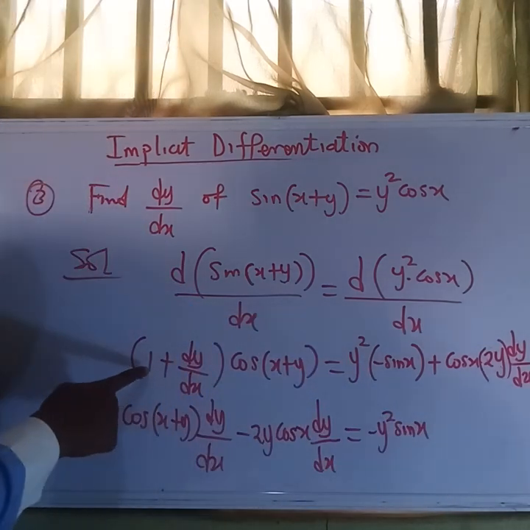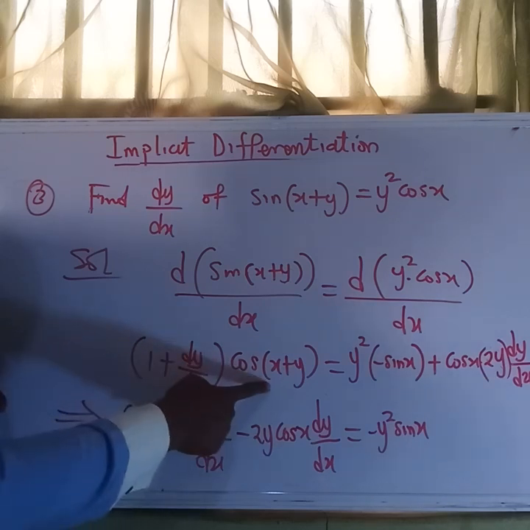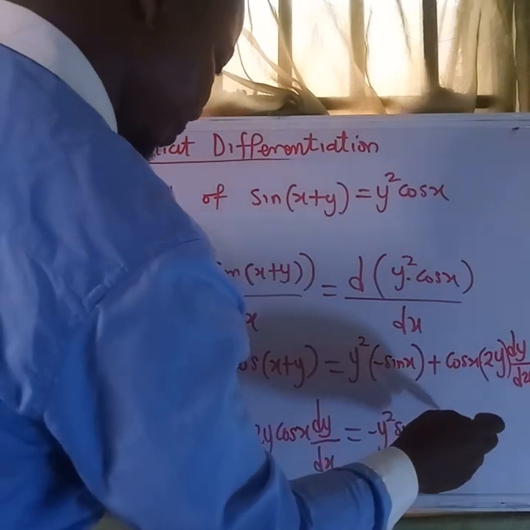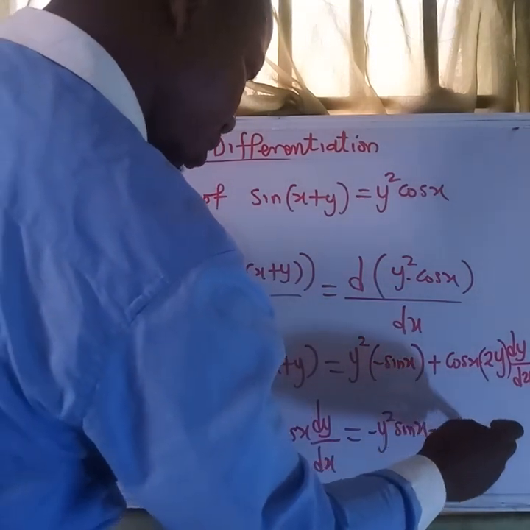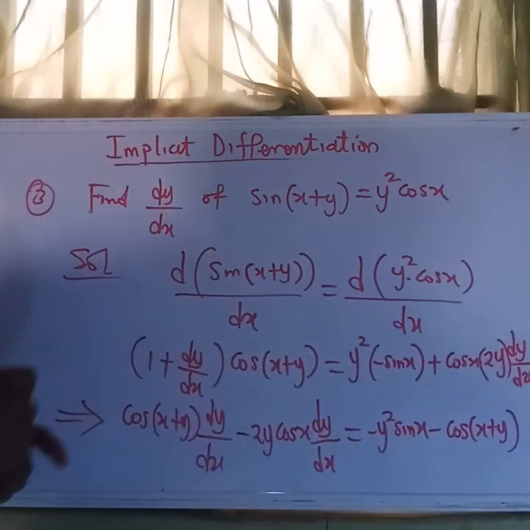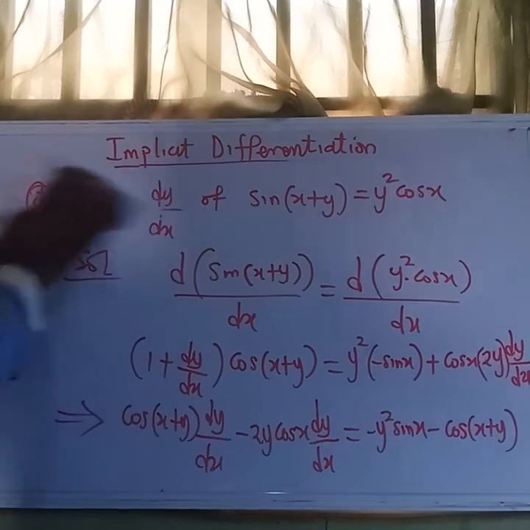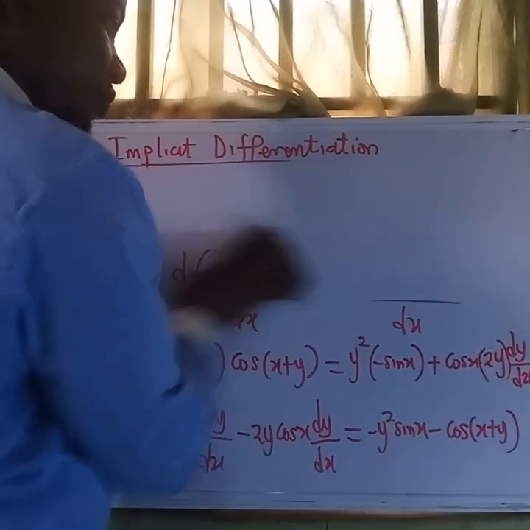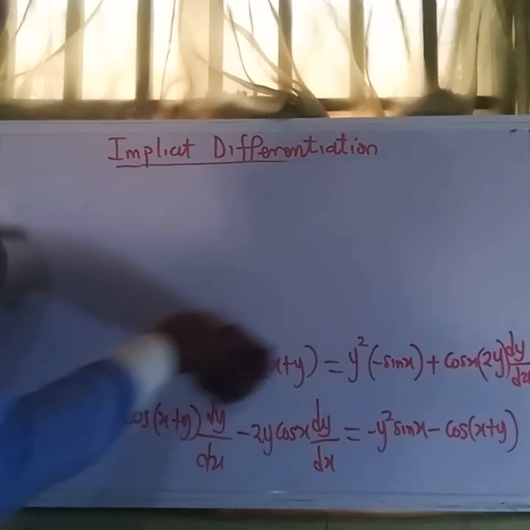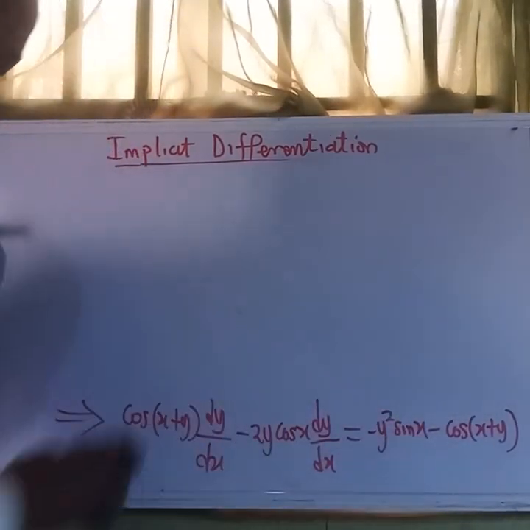Again, when we open the bracket here, we have 1 times this, which is this. This term has no dy/dx, so we take it to the other side. It should be negative cos(x + y). The next step is to factor the dy/dx out so that we can have the result.